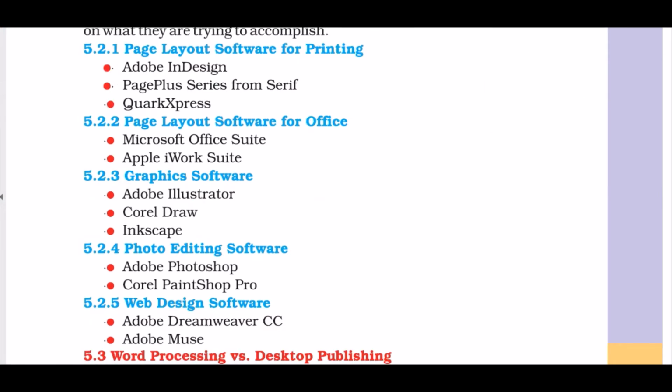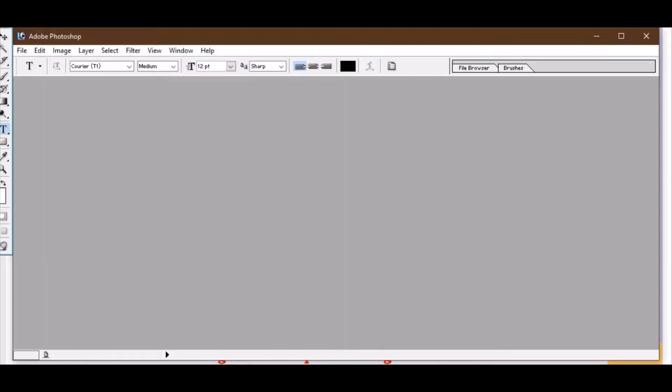Then graphic software: Adobe Illustrator, CorelDRAW or Inkscape. When you want to focus more on graphics, images or shapes, then you open Adobe Illustrator, CorelDRAW or Inkscape. When you want to focus on images, specifically photos, then you have Adobe Photoshop, Corel PaintShop Pro, something like this.